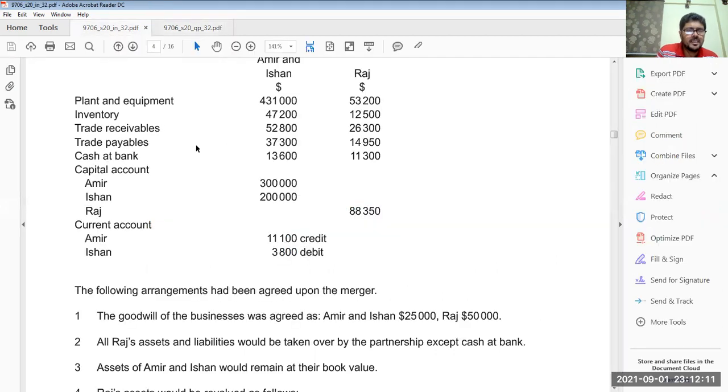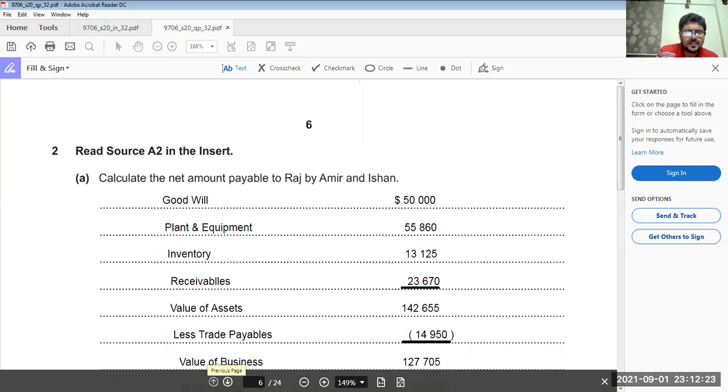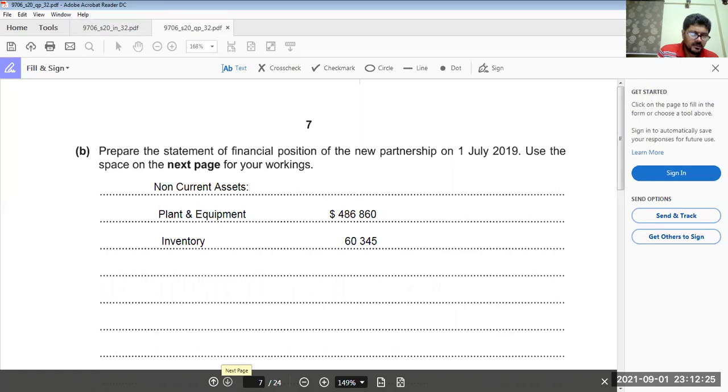Now come to trade receivable. Again, trade receivable is taken on book value, 52,800 plus its value, plus 23,670. That gives 76,470 trade receivable.